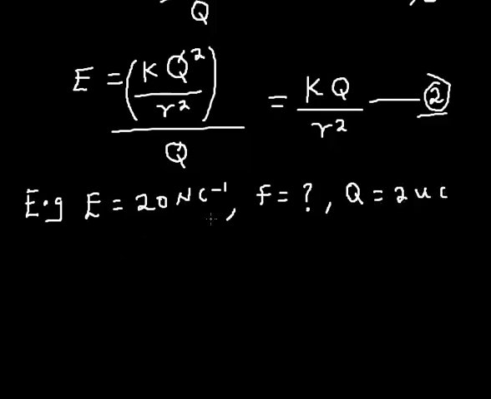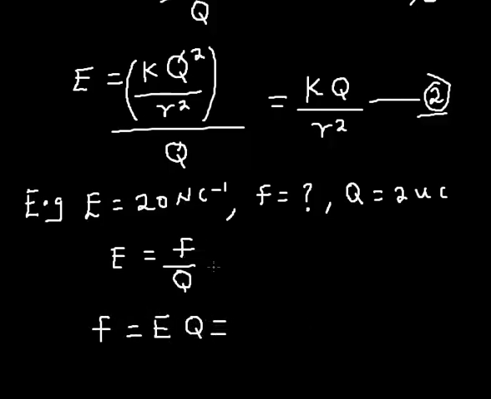In this case, the formula you're going to use is E is equal to F all over Q. To get the force, we cross multiply, so the force is equal to the electric field intensity multiplied by the charge.